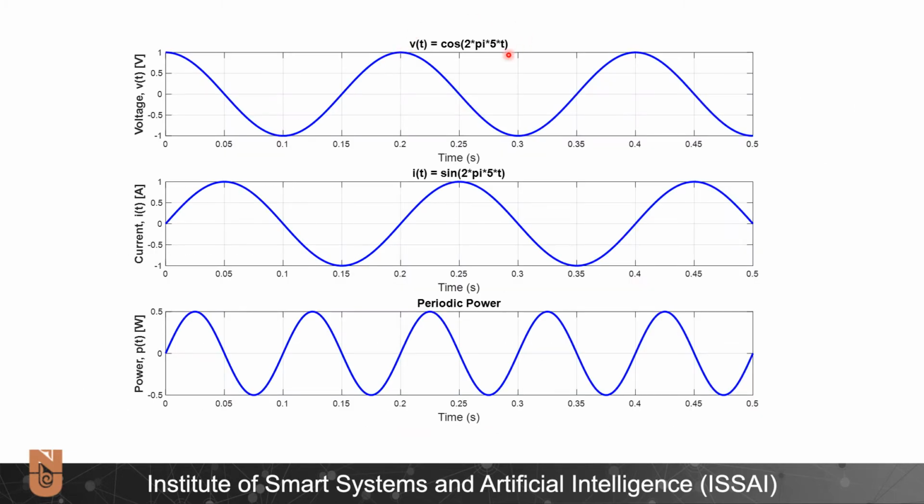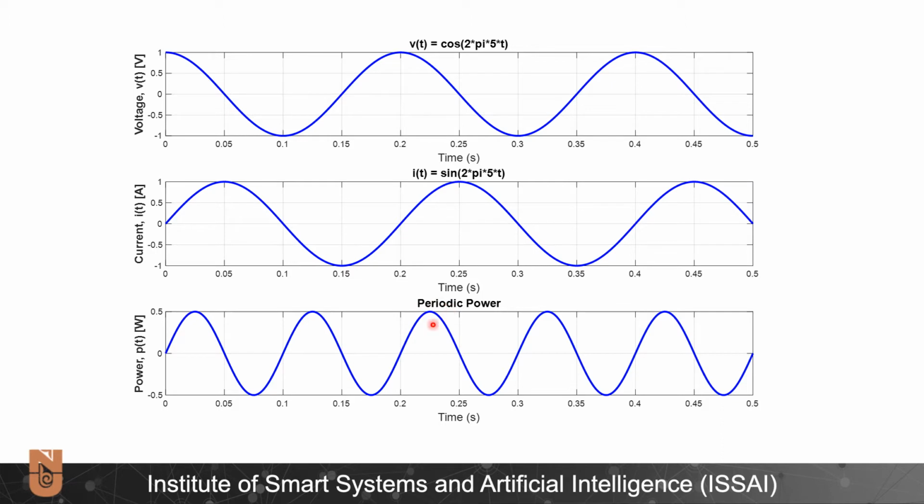Here, I plotted a sinusoidal voltage of the form cosine 2 pi times 5t and similarly another sinusoidal waveform for the current, i(t) is equal to sine 2 pi times 5t. So both of them have 5 hertz frequency and have amplitude 1, and they don't have phase, but one of them is cosine and one of them is sine.